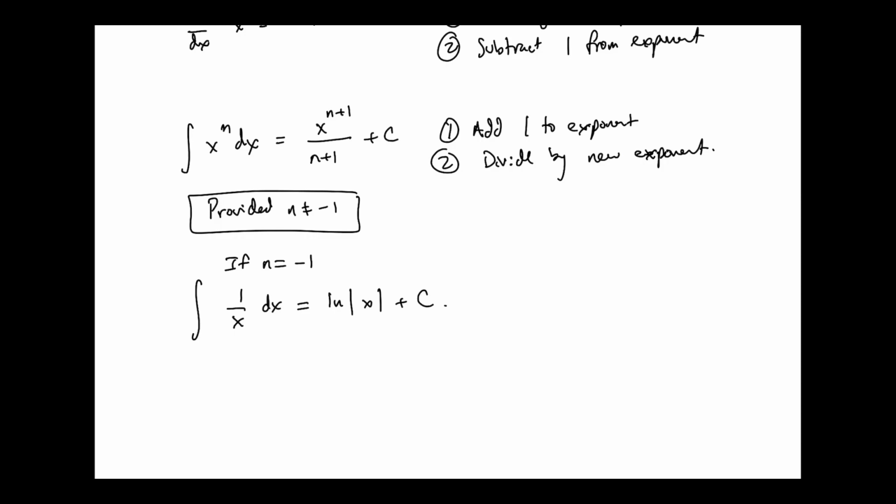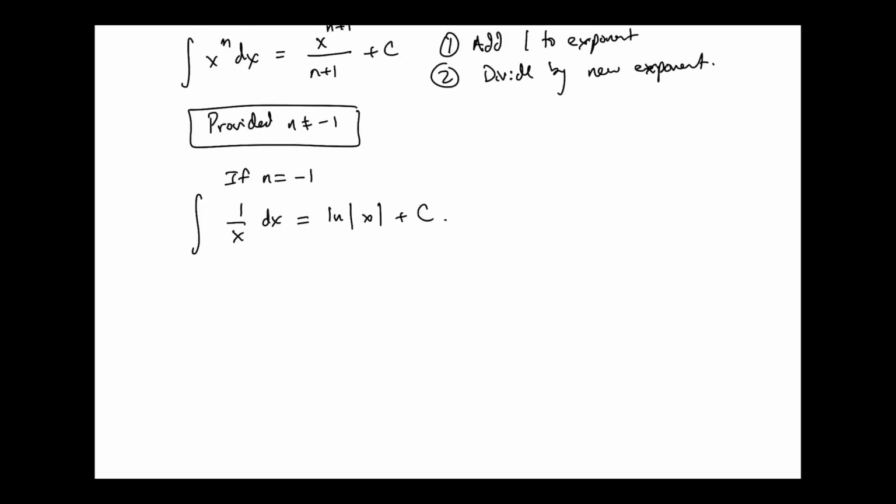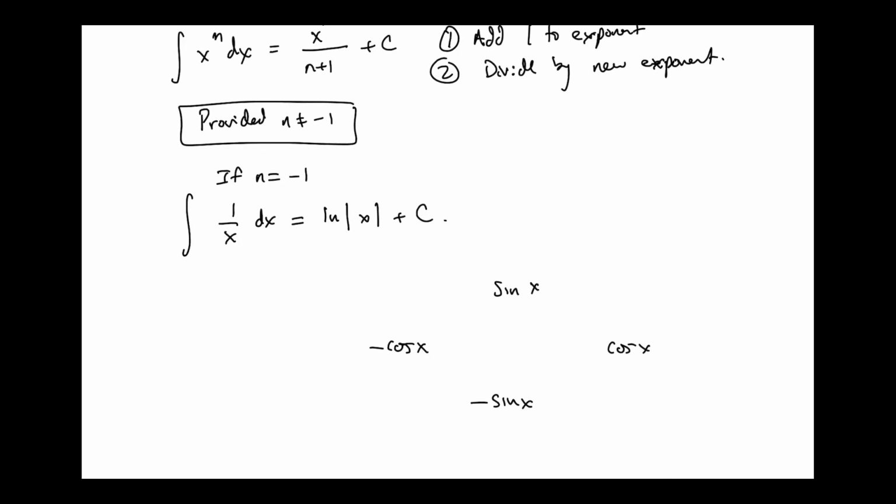Another way you can think of it is this. Let me draw a little chart. What's neat about sine and cosine is if you take the derivative 4 times, you get back to where you started.